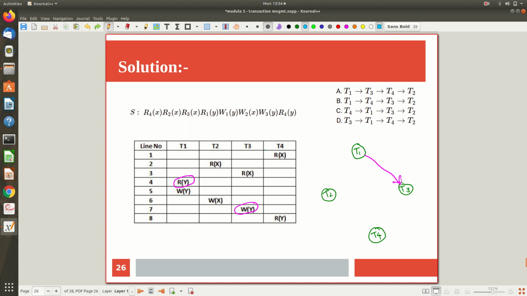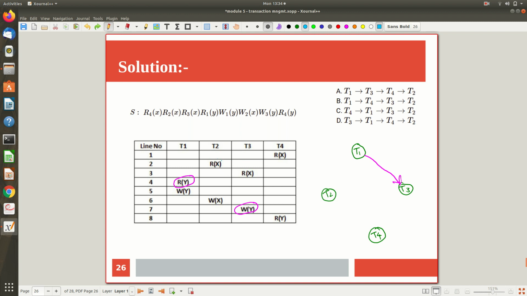So T2 and T3, you can see here it is read on item x. Here it is read, it's not a conflict, and write and read, but on a different item, that is also not going to conflict. So T2 and T3 there is no arrow, and W of x is here, but there is nothing conflicting following it, right? So T2 and T3 is okay.